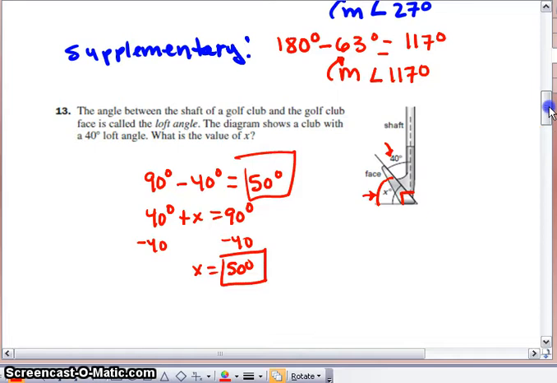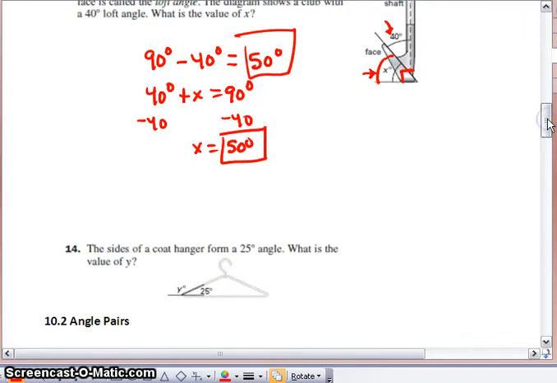All right, so let's look at another example. We have a hanger here. The sides of a coat hanger form a 25-degree angle. What is the value of y? We have our angle here, which is 25 degrees, and they want to know what this is. Notice the two angles together form a 180-degree angle.